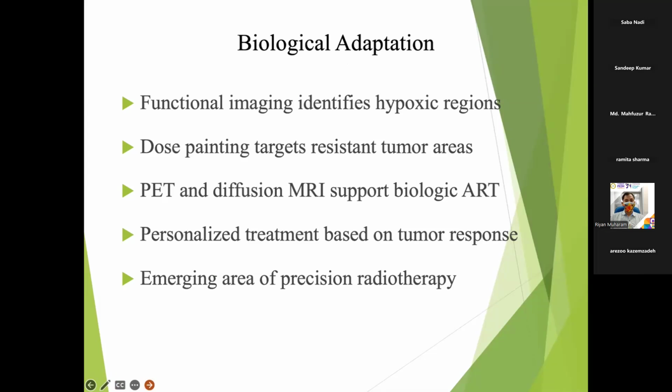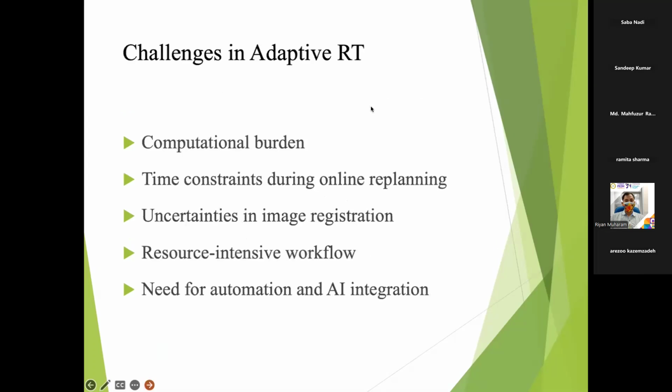That is, functional imaging identifies the hypoxic regions, radiation-resistant tumor areas, and diffusion MRI supports the biological adaptive RT. Personalized treatment based on tumor response is an emerging area of precision radiotherapy.